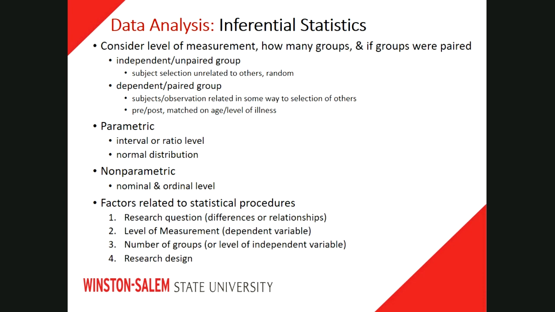Three is the number of groups, or the level of the independent variable. Four is the research design. These are the things that, when you sit and have a statistical consultation, you should be able to answer, which will help determine which statistic or statistics you're going to need to properly analyze your data to answer the question.